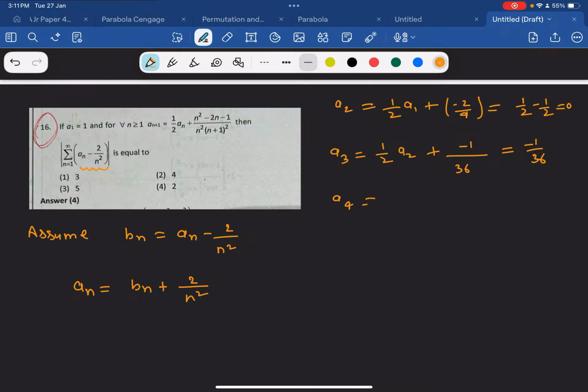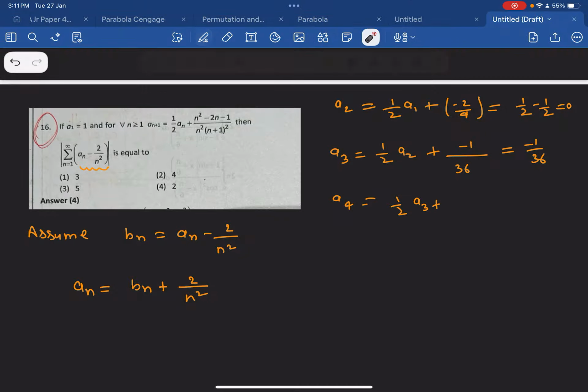Similarly, one more, a4, let us calculate here. So a4 will be how much? n equal to 3 we are taking. So 1 by 2 a3 plus, if you take 3, 3 whole square, so 9, and 3 into 2 is 6, minus 1. So what are you going to get now? 9 minus 7, so we are getting 2. And if you are taking 3, 3 plus 1, 4, 4 whole square, 16.